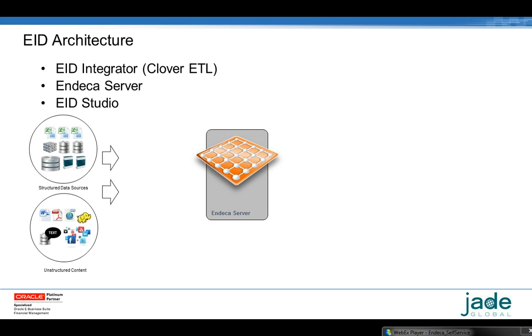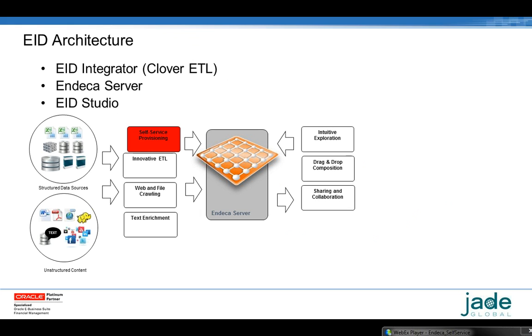Okay. So now coming to the EID architecture, we have three main components of EID. One is the EID Integrator, which is a Clover ETL, then Endeca Server, and the Studio. So this is the ETL which will take your structured and unstructured data and ingest it into your Endeca Server. You can also do self-service provisioning, which will eliminate the dependency on your IT for your rapid analysis.